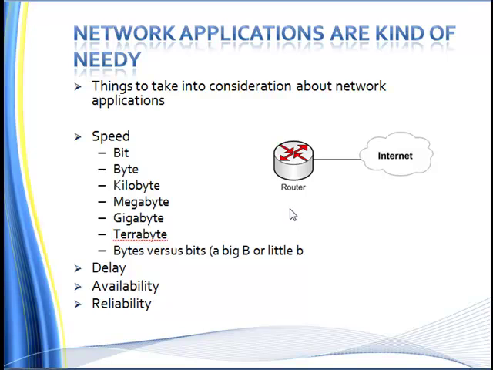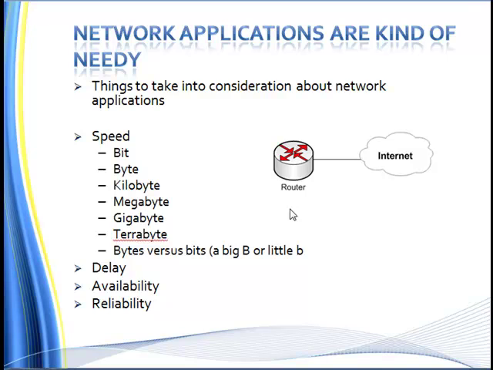So what are some things that we need to take into account with these applications? Well, applications have needs, and we as network engineers have to take care of these needy applications.